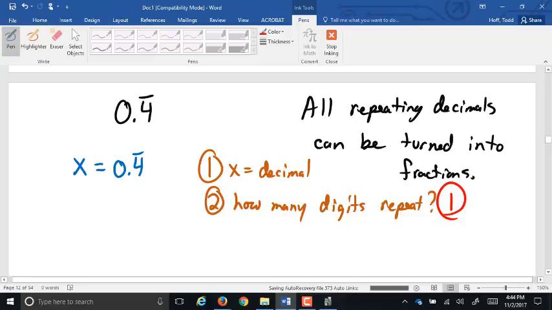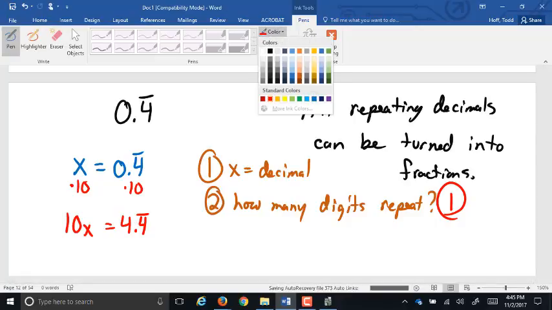How do we move a decimal point 1 place? Times 10. So I'm going to multiply both sides of this equation by 10. What is x times 10? 10x. 0.444444 times 10 is 4.444444. So it's 4 point, and the 4 is still repeating.